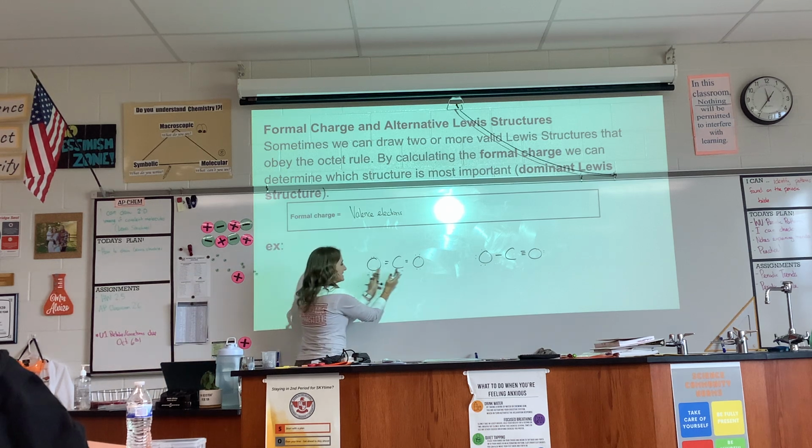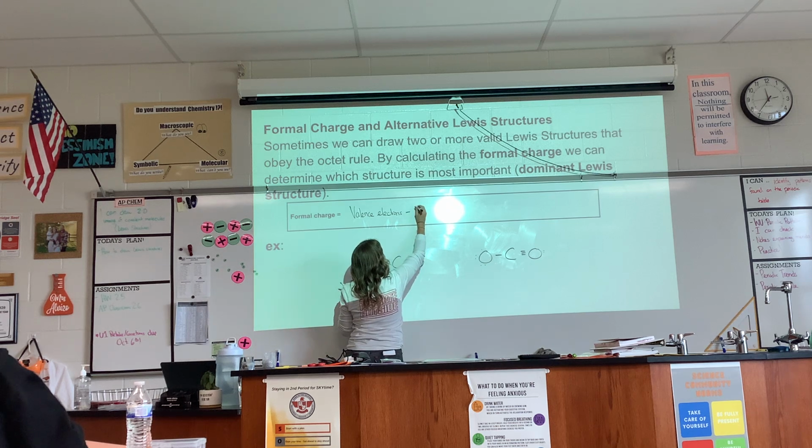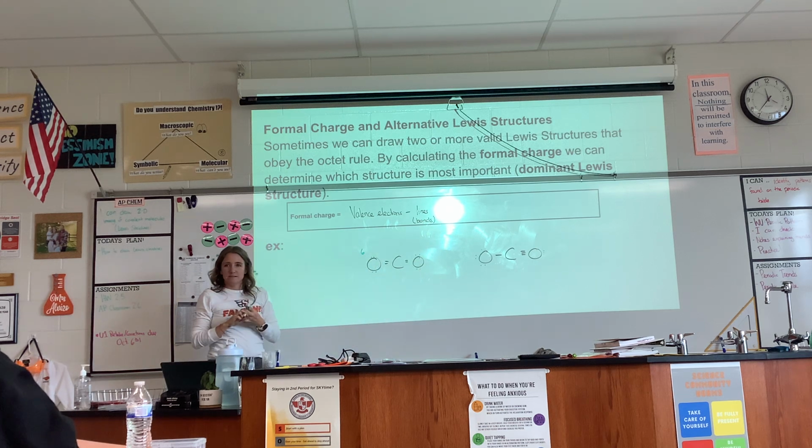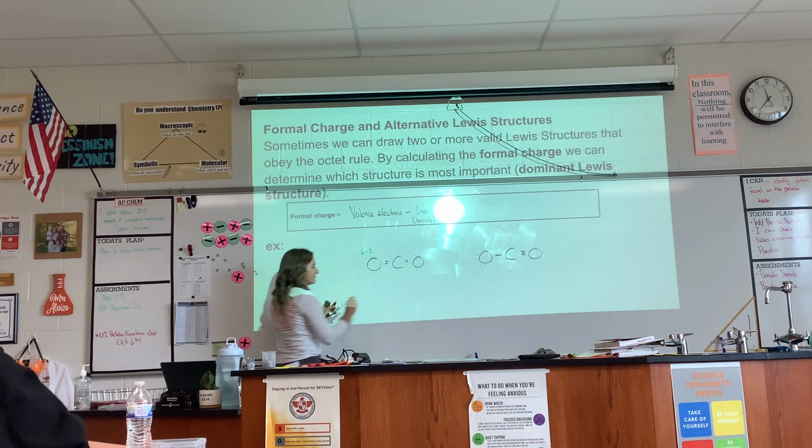Formal charge is individual. We're going to have 3 formal charges for the whole thing. So this oxygen has 6. You're going to subtract the lines, AKA the bonds. How many bonds are on that oxygen in that model? 2. So 6 minus 2.